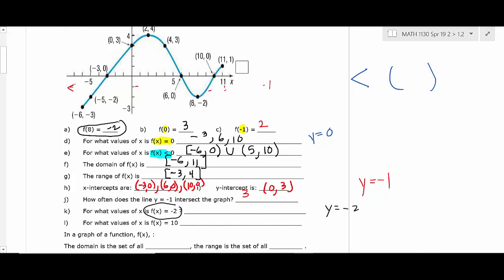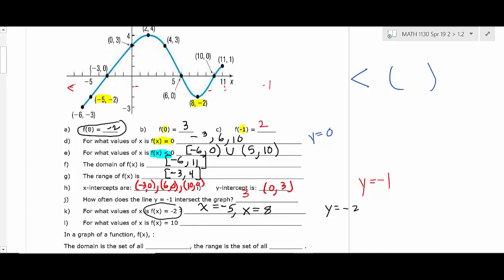So how many points on this graph have a y value of -2? What do you see? There's 2. Good. Okay, so it would be this one, and it would be this one. They are the only 2 points that have -2. So that means the answer on this would just be x is -5, and x equals 8.